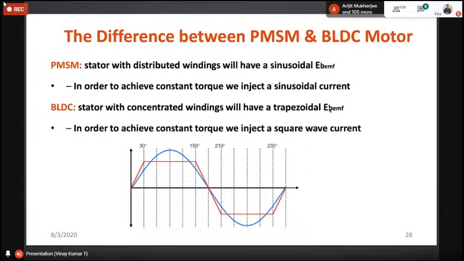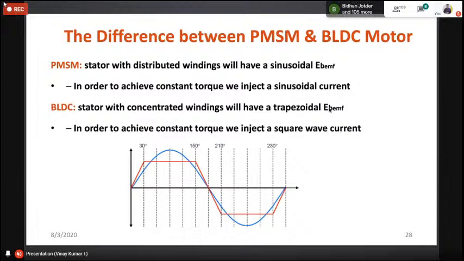Why are PMSM machine applications more common in electric vehicles compared to BLDC machines? Why is the BLDC motor applicable only for low power drives? Why is the PMSM drive applicable for medium and high power applications, even more than 50 kilowatts? Why will no one prefer BLDC above 10 kilowatts? By using this concept, these waveforms and this slide, we can easily conclude.